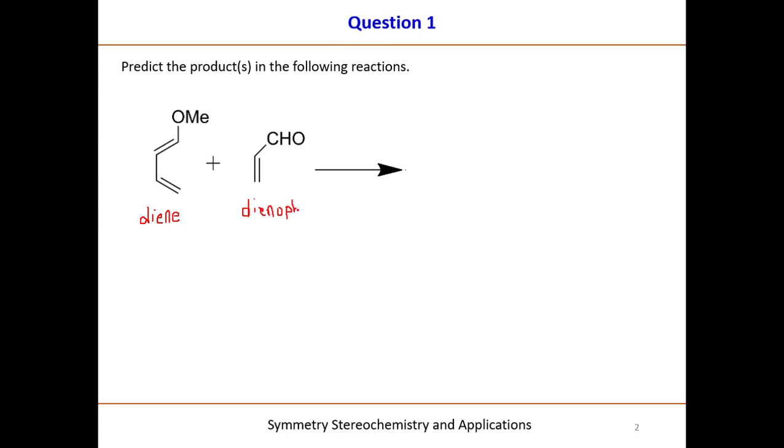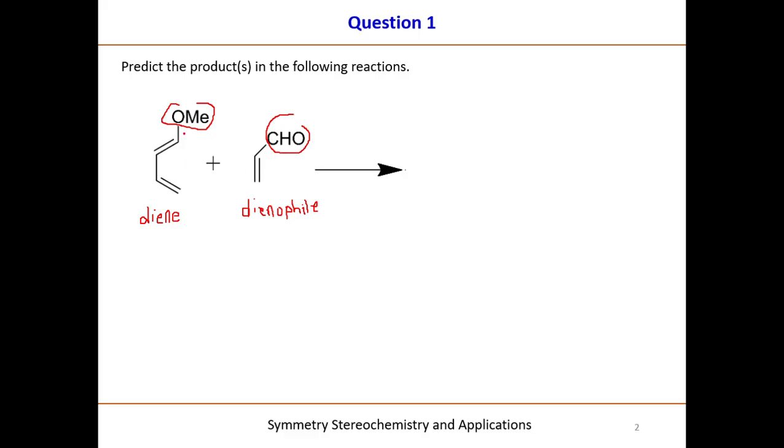When we have an electron donating group present on the diene and an electron withdrawing group present on the dienophile, what will happen? This is a modification of the Diels-Alder reaction.